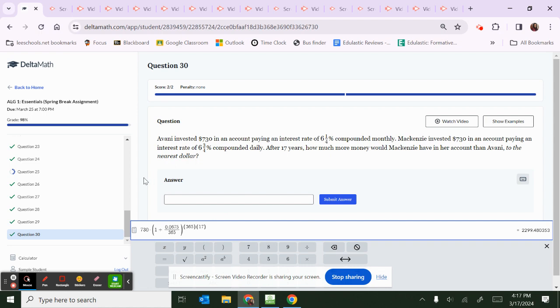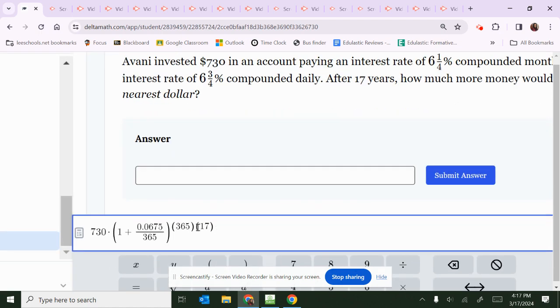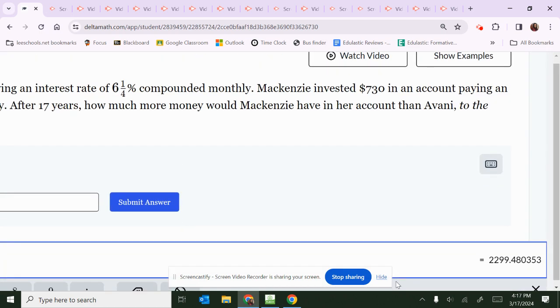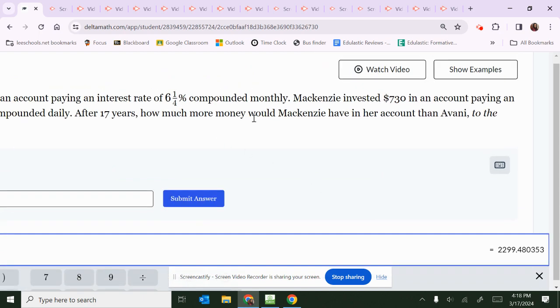So again, I'm going to zoom in to make sure everything is exactly what I see on my paper. Looks really good. And I got 2299.480353.